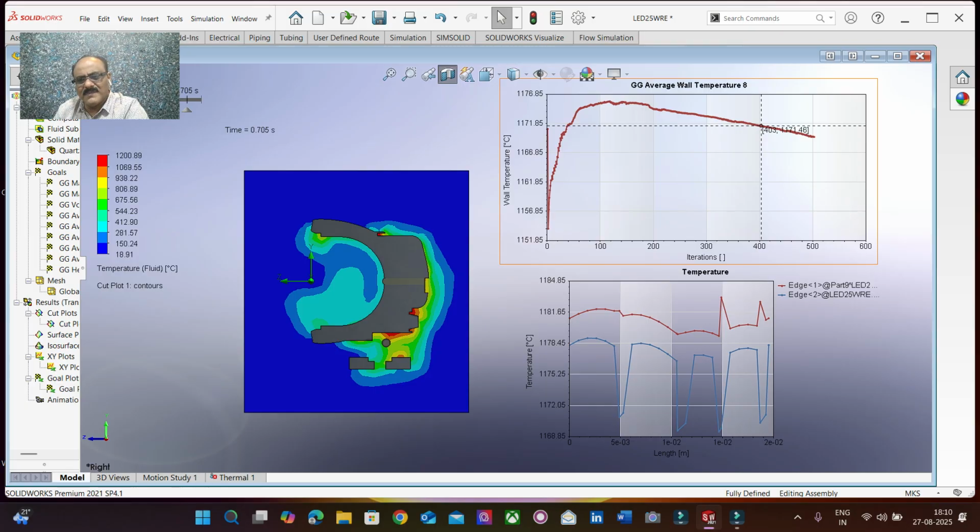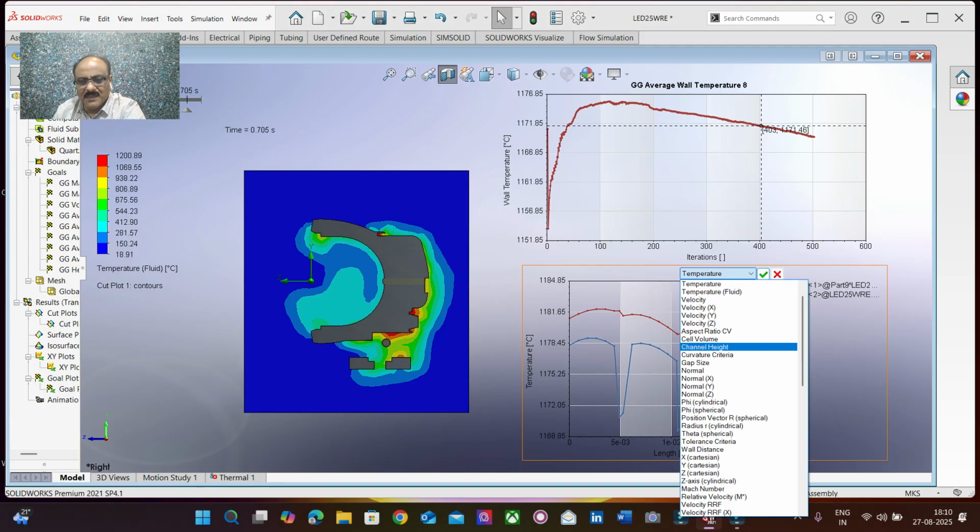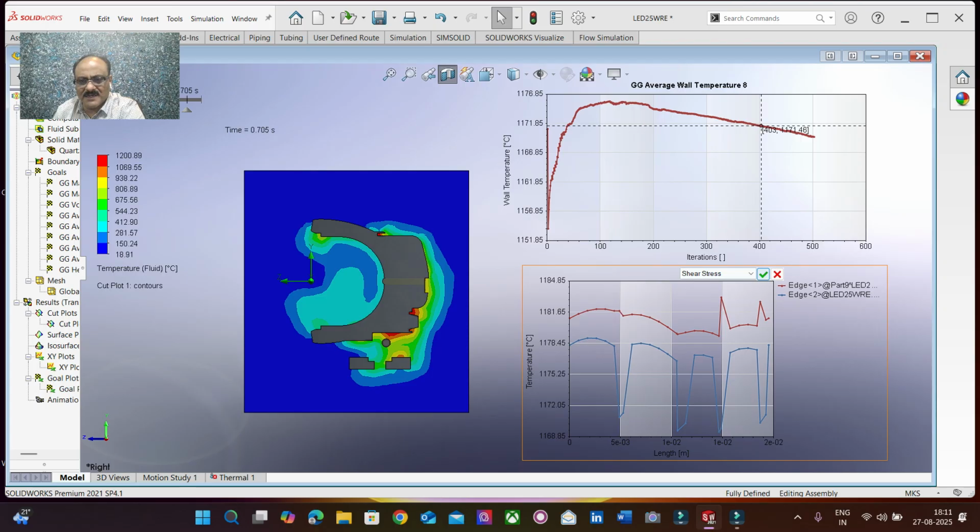At a point of 1171 degrees, it is converged. Now here this is the temperature, and as I told you, there is no shear stress or anything like that.